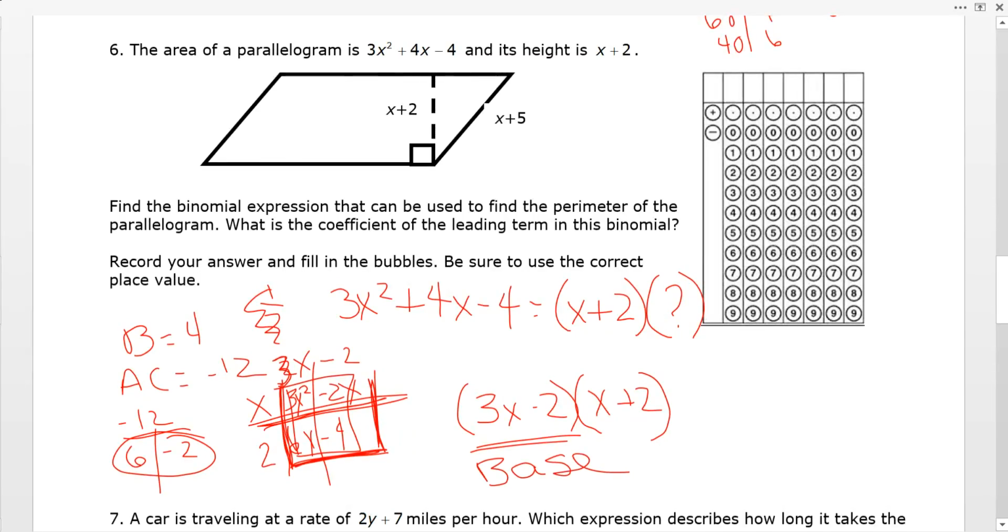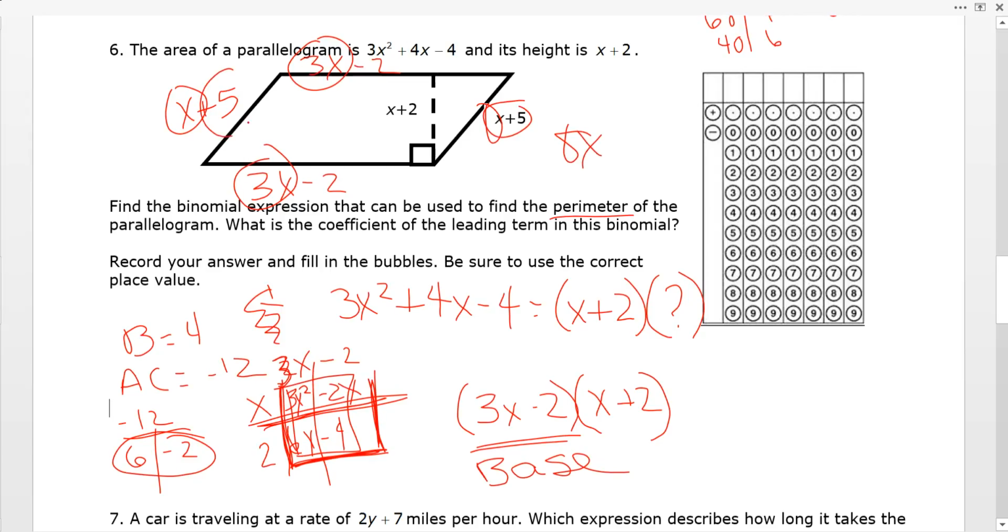So let's go back up to my picture. So this is 3x minus 2. This is x plus 5. And this is 3x minus 2. And if I'm looking for the perimeter, then I'm going to add those up. So I have 3x, 6x, 7x, 8x.